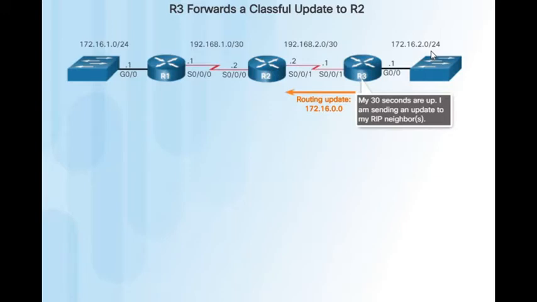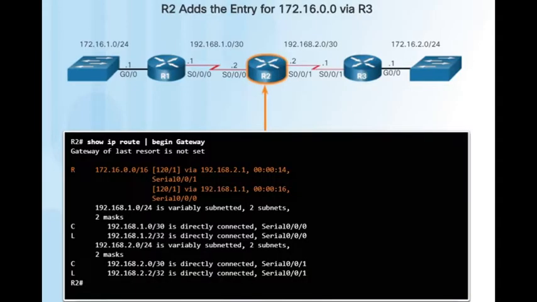It doesn't include the subnet mask. So instead of sending the 172.16.2.0 network, it sends the 172.16.0.0 network.